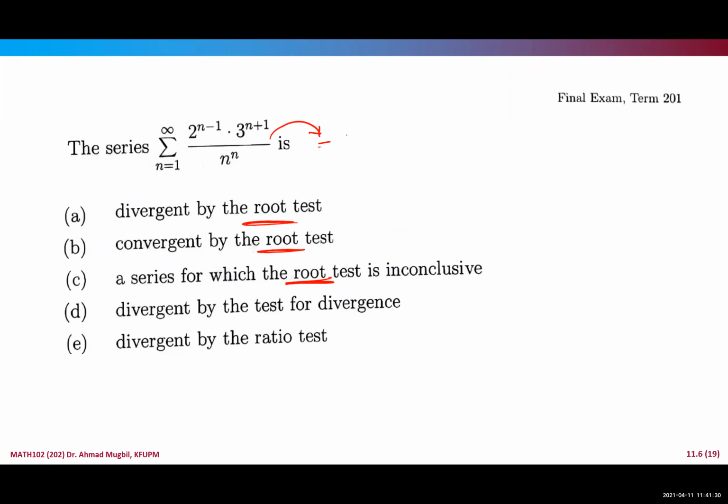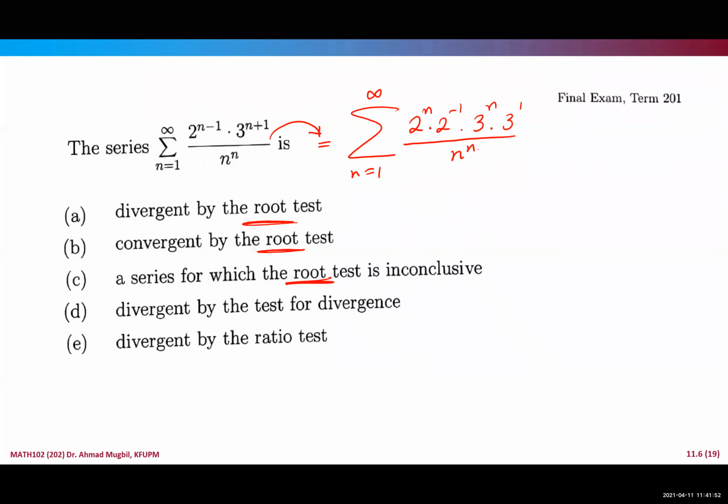So you can simplify it this way. This is 2 to the power n, 2 to the power -1, 3 to the power n, 3 to the power 1, all over n to the power n. Continue, shabab, please.